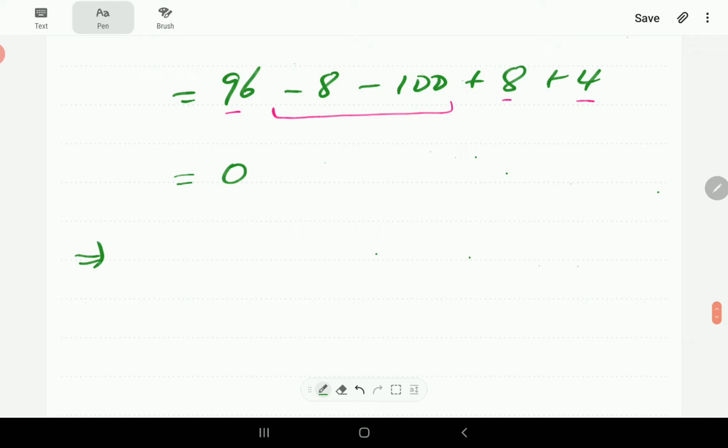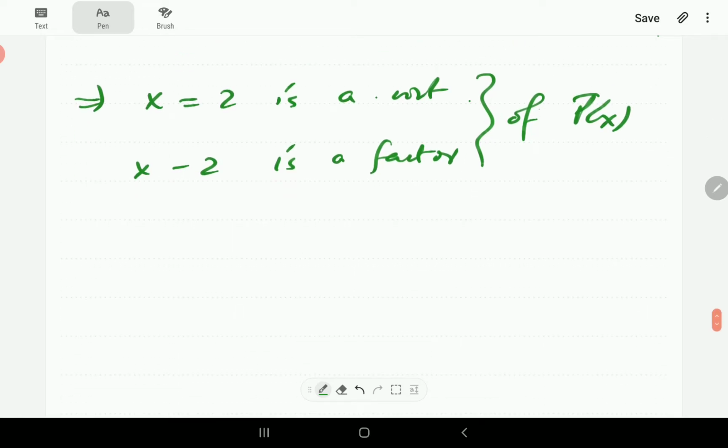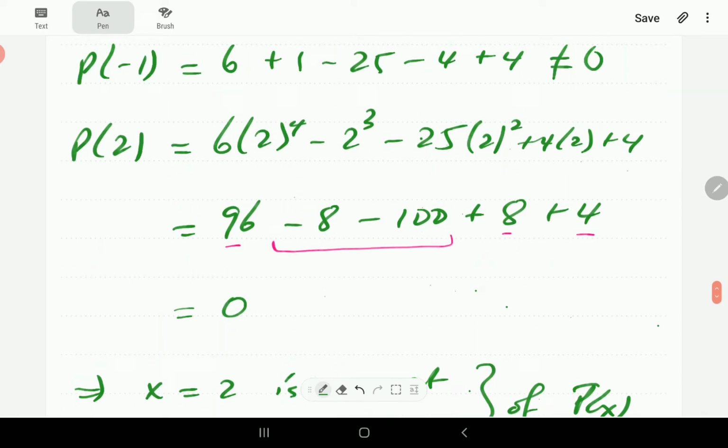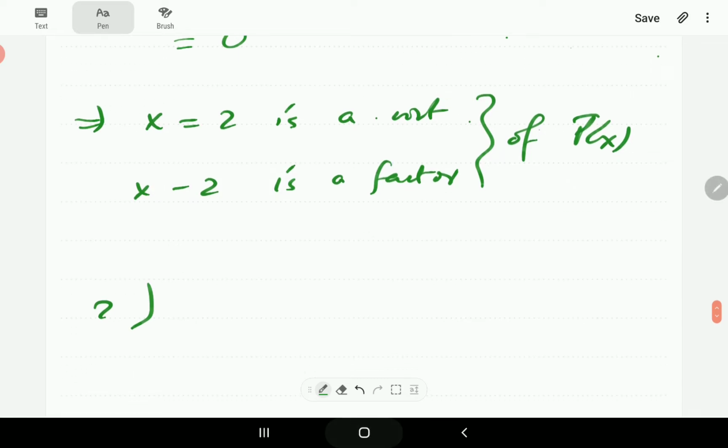So this is telling us that x equals 2 is a root, and so x minus 2 is a factor of p of x, so a factor of the polynomial. So that means we can divide the polynomial by x minus 2, and when we do that, it should give us a remainder of 0. So we use synthetic division to do the division.